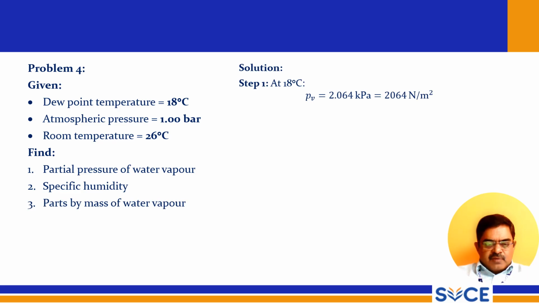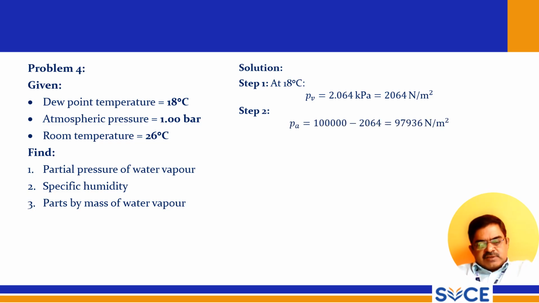So same way, at 18 degrees Celsius from steam tables, PV equals 2064 Newton per meter square. So PA equals 1 lakh, that is 1 lakh given as atmospheric pressure, minus partial pressure 2064.